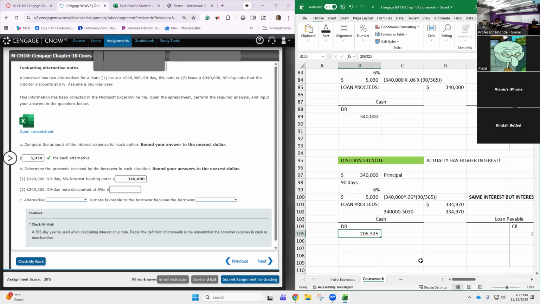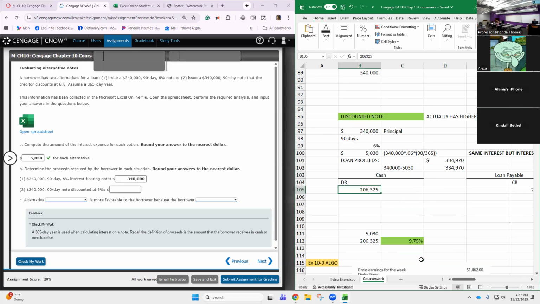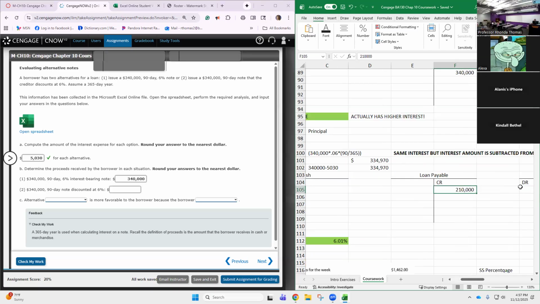$334,970. So I would not be able to put in the full amount of the note because this is a discount. The cash I'm getting from that loan is $334,970, but I'm still going to put the face of the note in the loan payable.